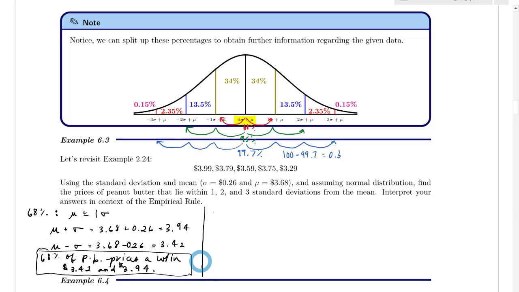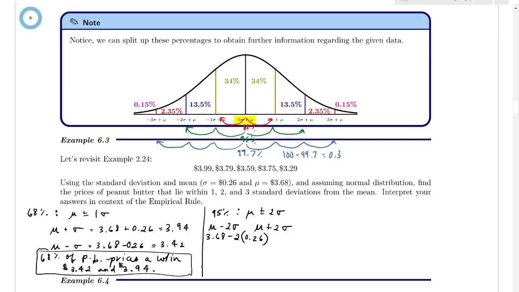So if I did 95%, that's going to be 2 standard deviations from the mean. So take the mean and subtract 2 standard deviations, and then add 2 standard deviations. So you would just take 3.68 minus 2 times 26 cents.